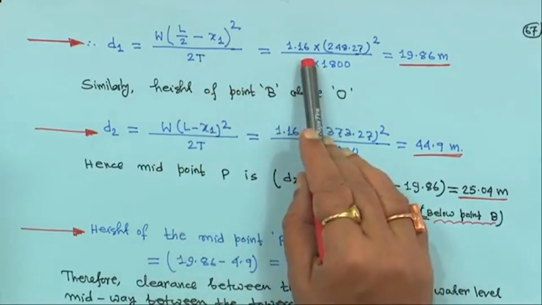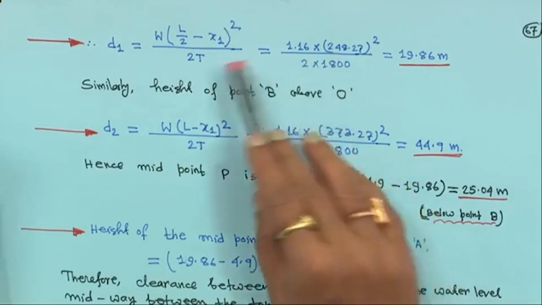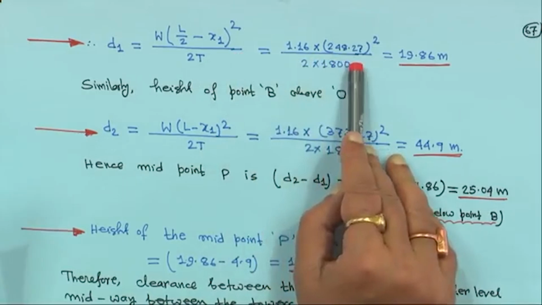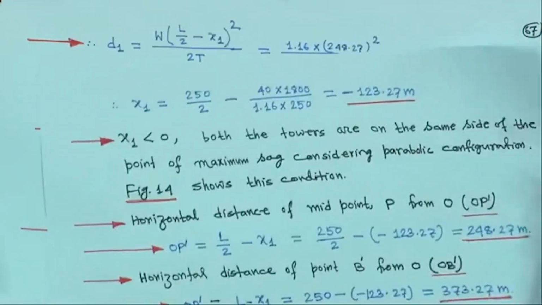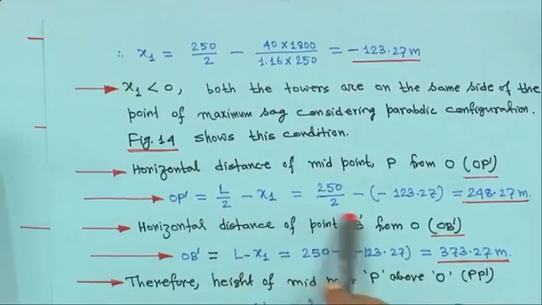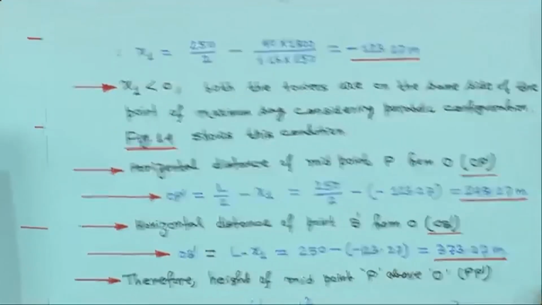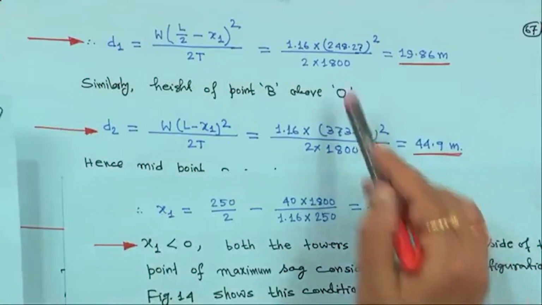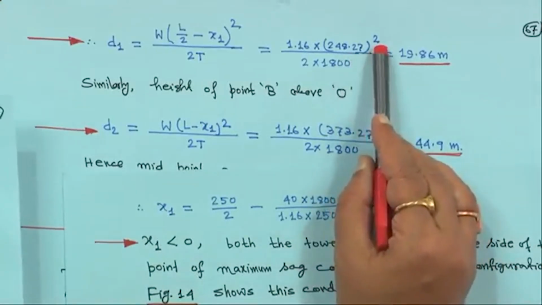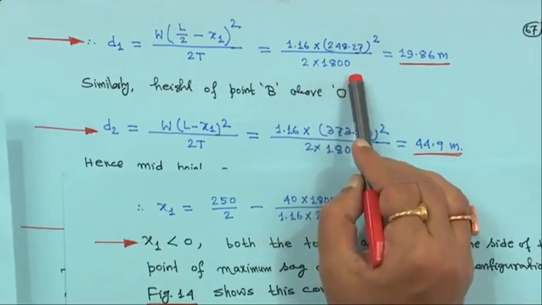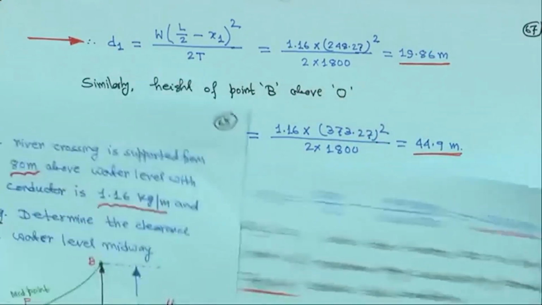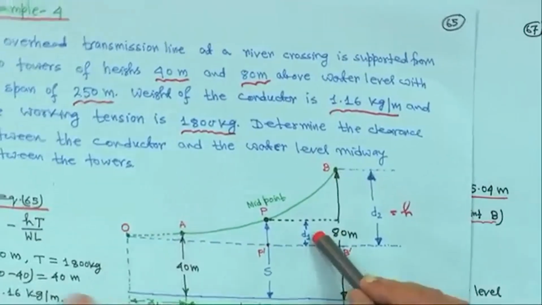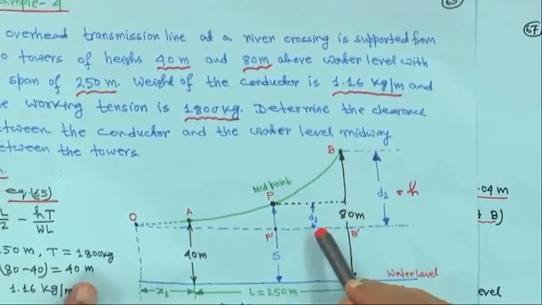So, that is 1.16 into L by 2 minus x 1, which we have computed, that means this distance OP dash, 248.27 meter. So, 248.27 whole square by 2 into 1800, that is 19.86 meter, that is your D1. From this figure, this is the D1.